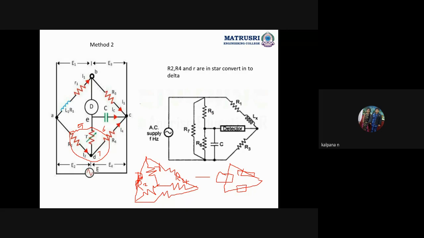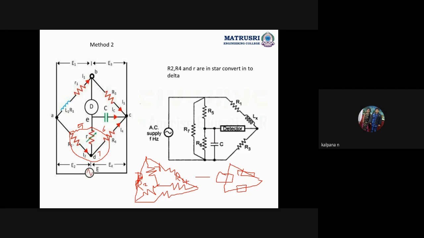R5 is equal to R2 into R plus R into R4 plus R2 into R4, divided by the opposite resistance R4. Next, R6. R6 is between small r and capital R4, so small r into R4 plus R4 into R2 plus R2 into r, divided by the opposite resistance, which is R2.